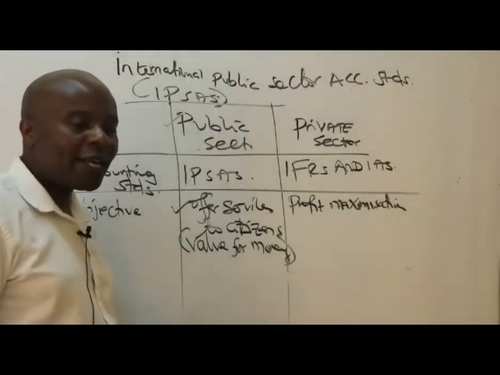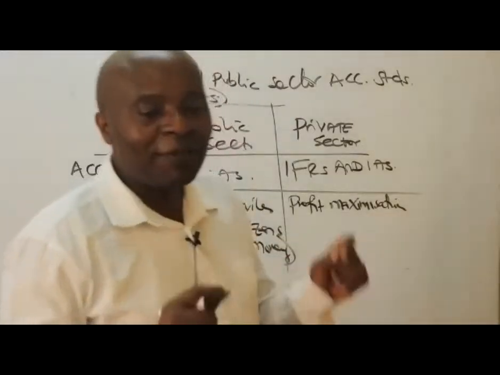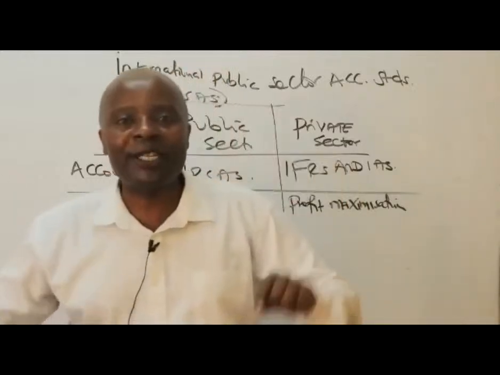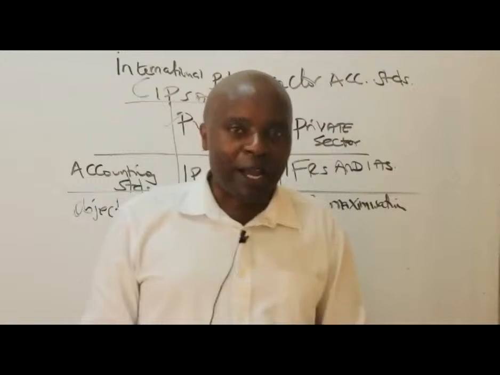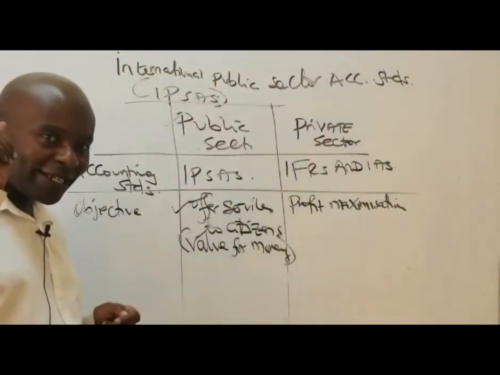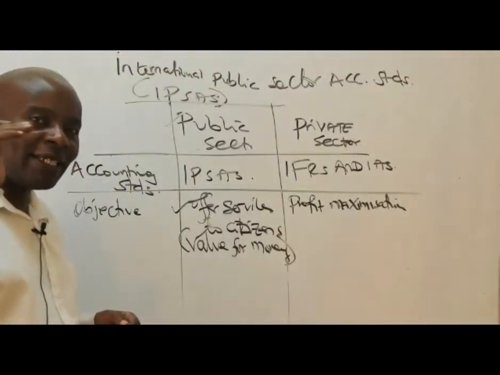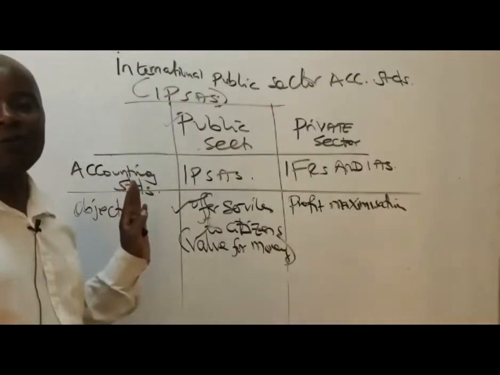That is why a body corporate, like for example Kenyatta National Hospital, even if they were to make losses year in, year out, there is no way Kenyatta National Hospital can be closed. Why? Because of value for money. The value here is to offer service. So long as you're able to offer good service, that is akin to the government making their profit.